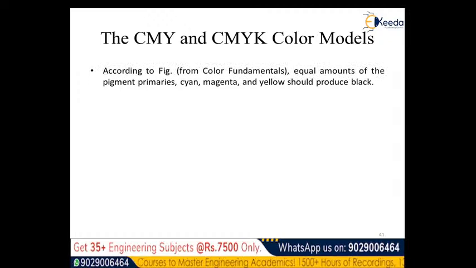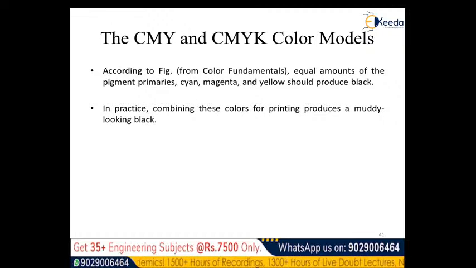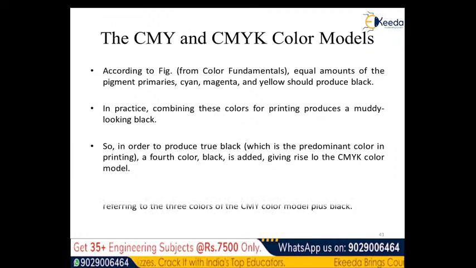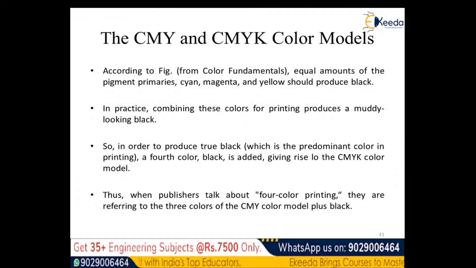In practice, the combination of these colors generates a muddy looking black. So for complete blackness we add a fourth component. Publishers often talk about 4 color printing, where the fourth color is black. Their devices have cyan, magenta, yellow added with black. This is CMYK.